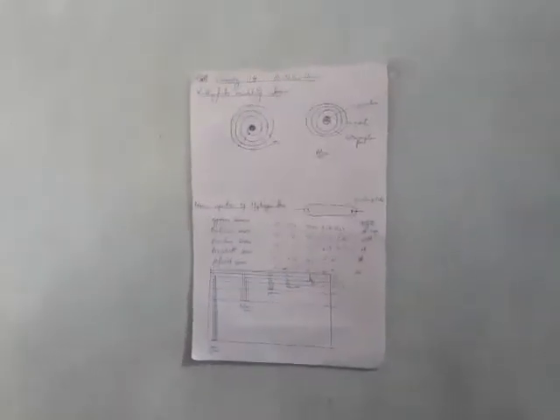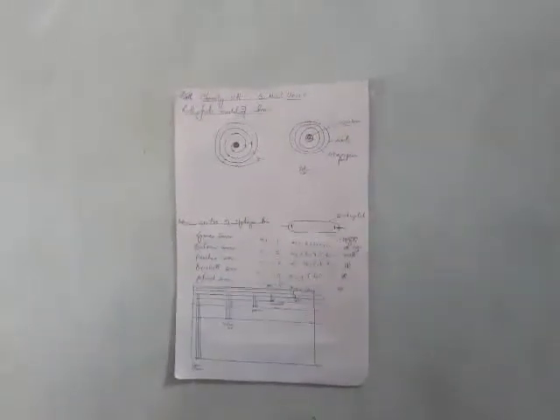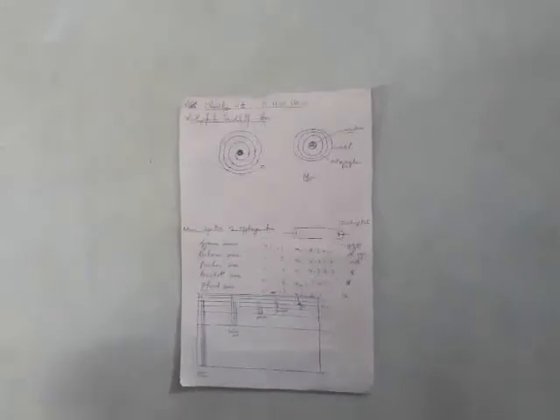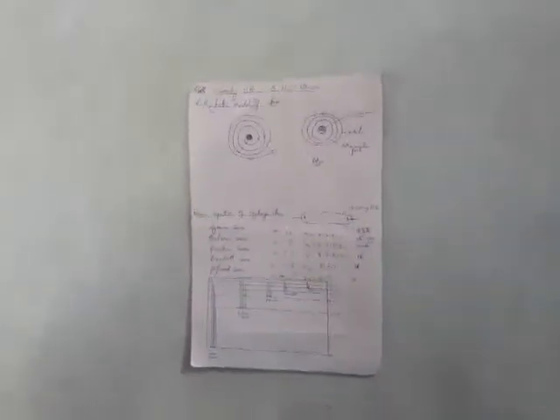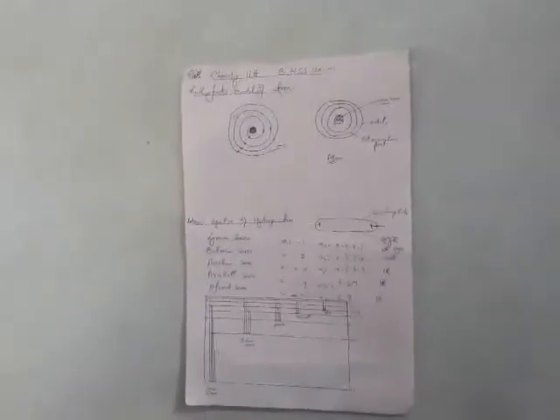Rutherford's model of atom. Dear students, as I have already explained to you, the scattering experiment performed by Lord Rutherford. In his scattering experiment, he made alpha particles strike against a thin foil of gold, and the alpha particles were scattered in different directions.